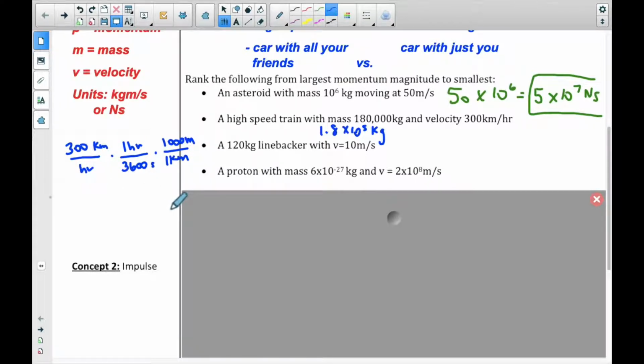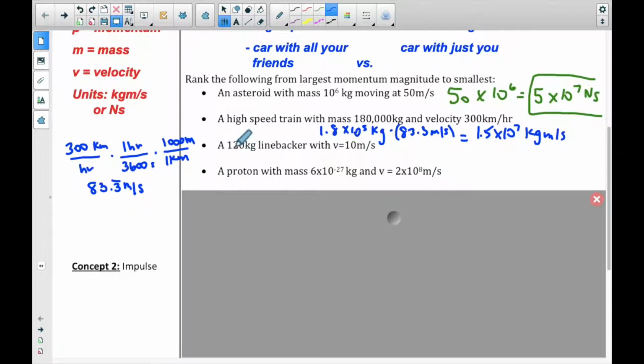We're going to take a second with our calculator and see what that comes up to. So I'm getting 83.3 repeating meters per second. And if I, again, take my calculator and multiply those together, I get 1.5 times 10 to the 7th. And once again, your units can be kilogram meters per second, or they can be Newton seconds, either one.